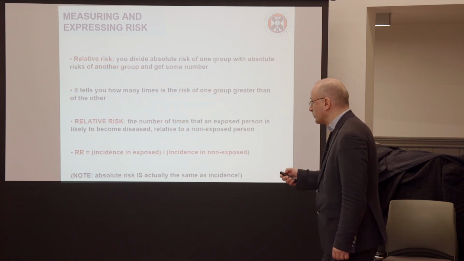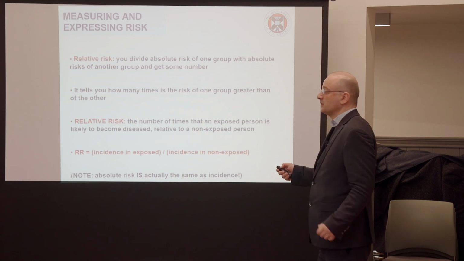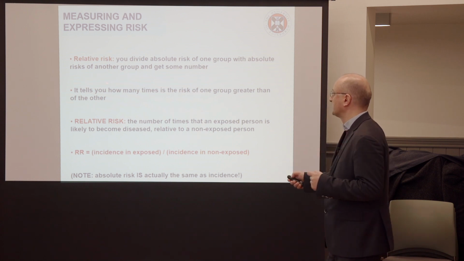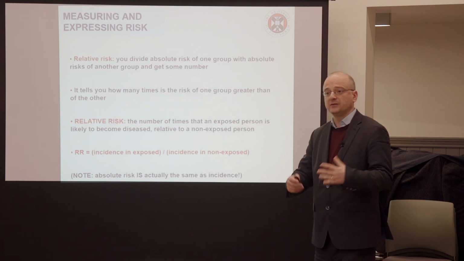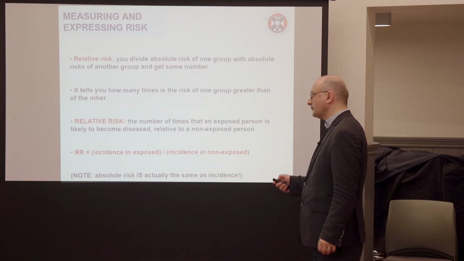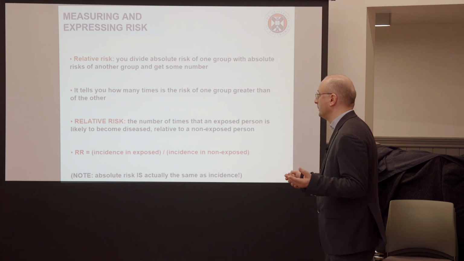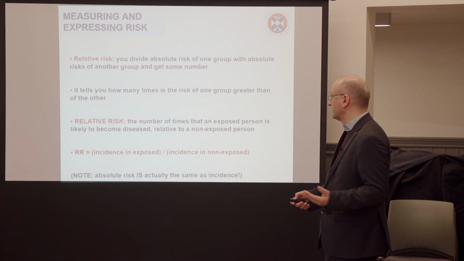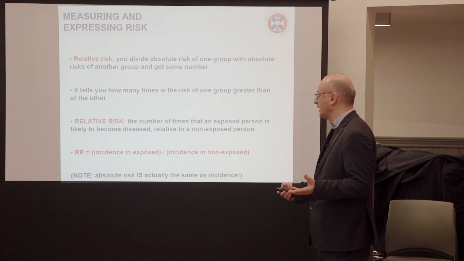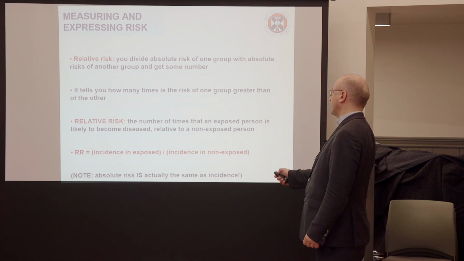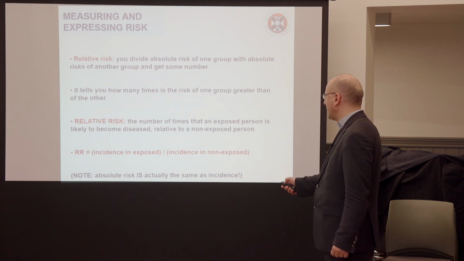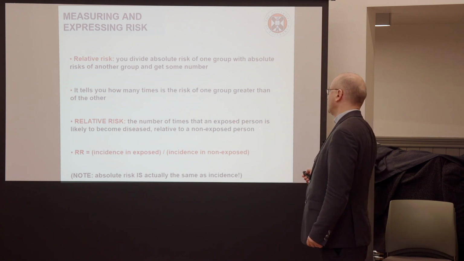So, relative risk is something that you can measure by dividing the absolute risk of one group by the absolute risk of another group, and then you get some number. This number tells you how many times the risk of one group is greater than the risk of the other group, okay? How many times? Relative risk is the number of times that an exposed person is likely to become diseased relative to a non-exposed person.